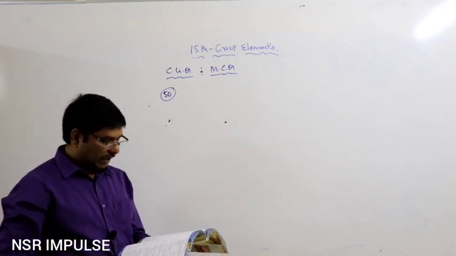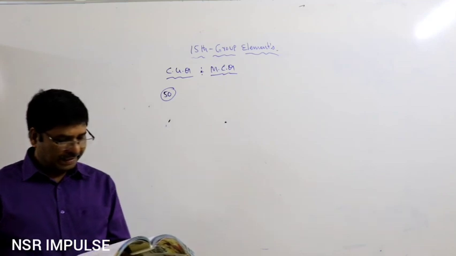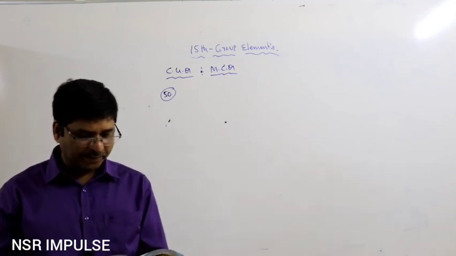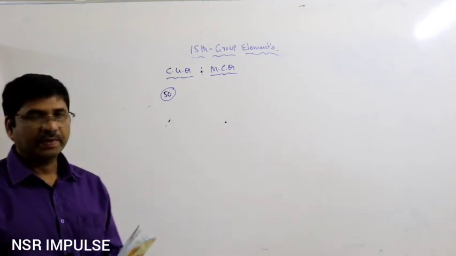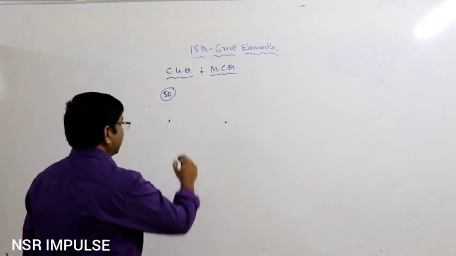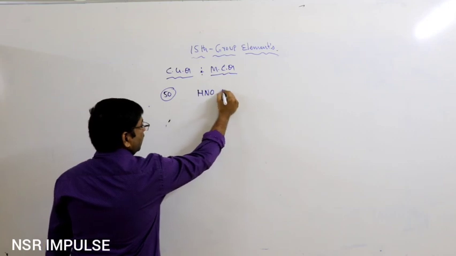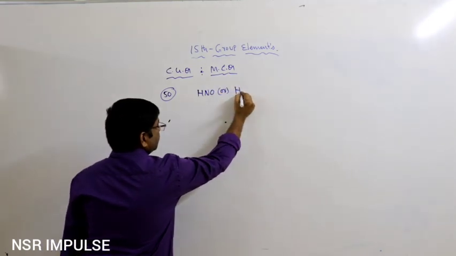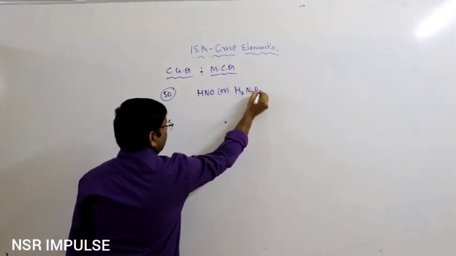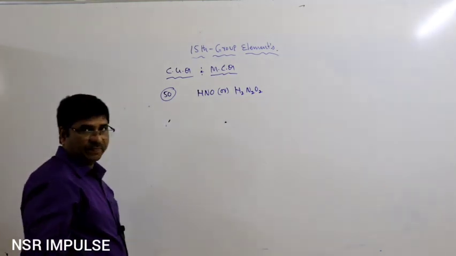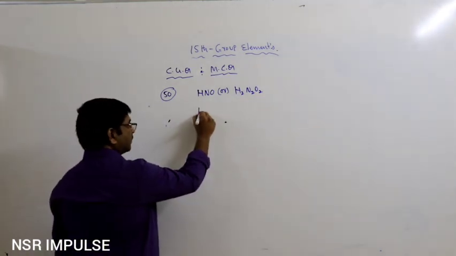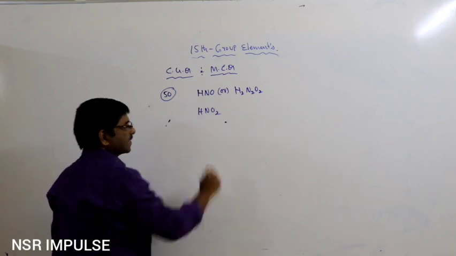50. In hyponitrous acid, the number of hydroxyl groups. You know what hyponitrous acid is? H2N2O2 is called hyponitrous acid. HNO2 is called nitrous acid.